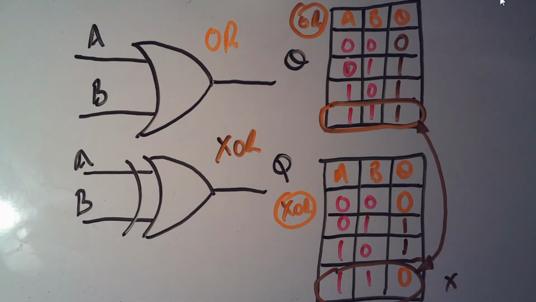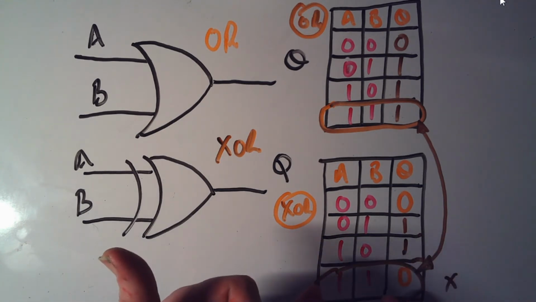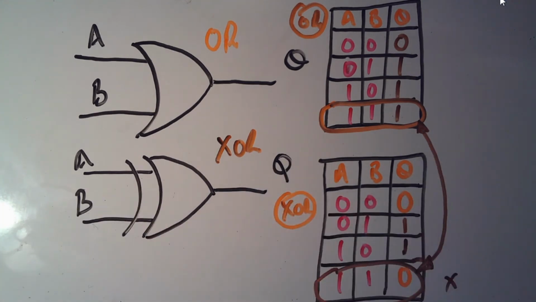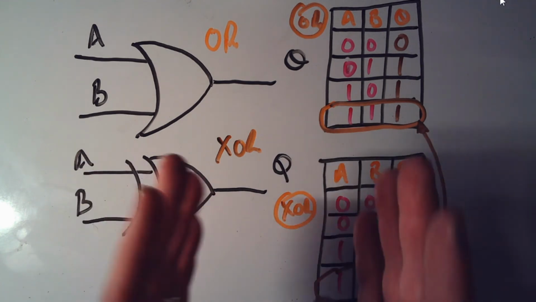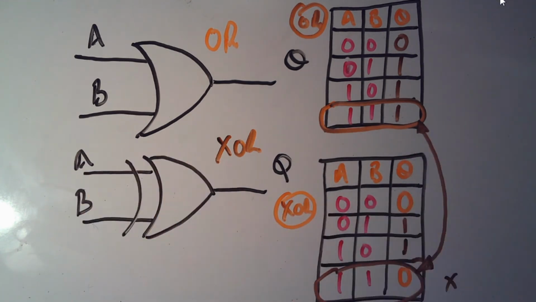Now there are lots of occasions in digital electronics and that aspect of computer science where we need to be able to create circuits to do exactly that, but also in programming as well, because in Python we have the ability to express an exclusive OR condition, because there are occasions where we specifically want to compare one condition with the other condition, but not to have both true as being inclusive for that particular condition to be true. Okay, so we've covered off all three of our GCSE gates.